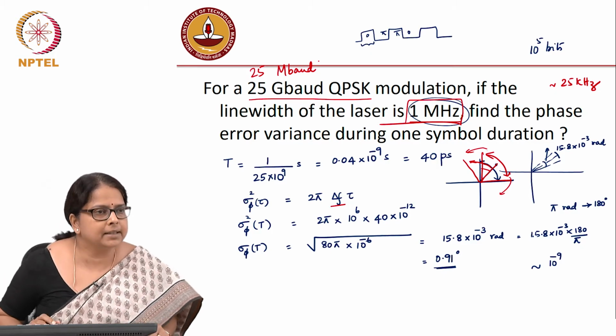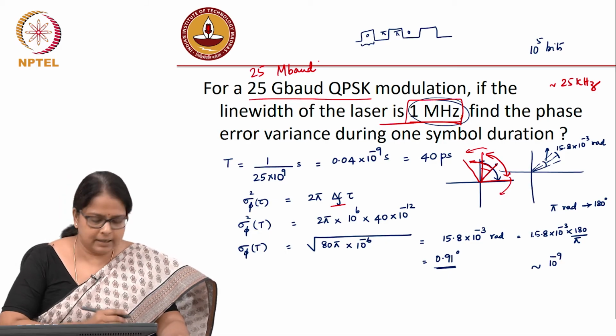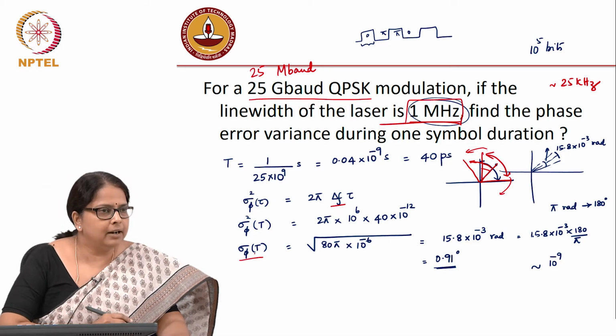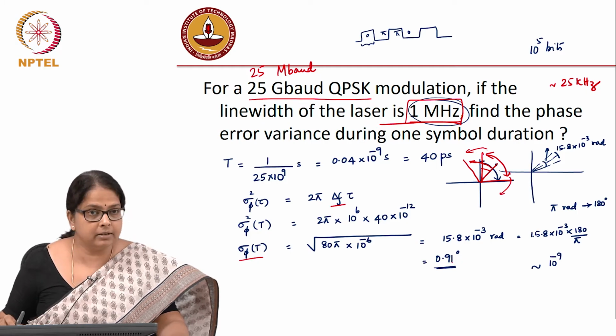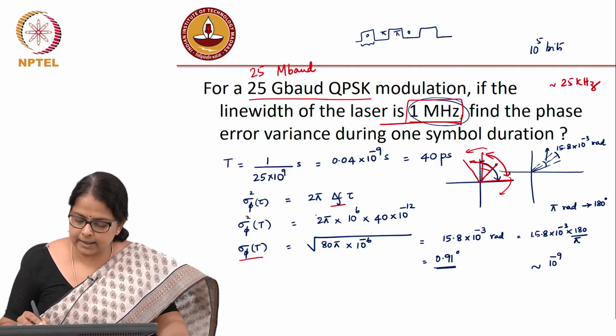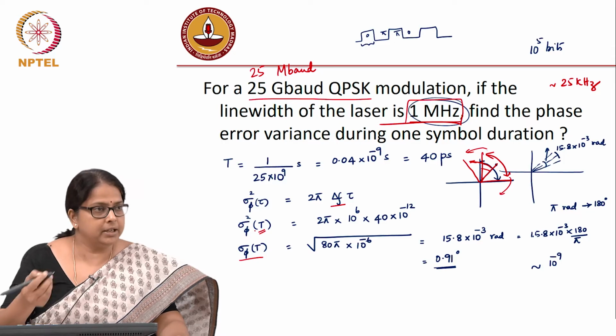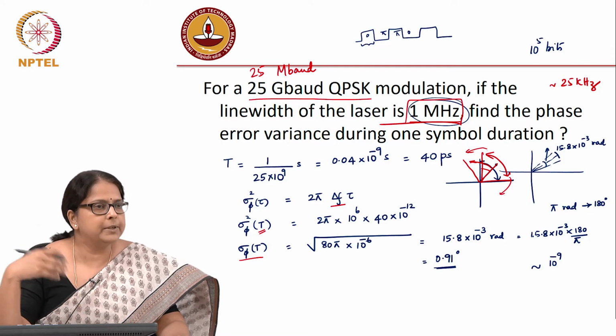Does that make sense? It does not, because the phase error now becomes, I am sorry, it is not directly 3 orders, right. There is a square root of delta f, so the dependence goes as square root. You should remember that. What I am saying is that if my baud rate reduces, what happens to the symbol duration?